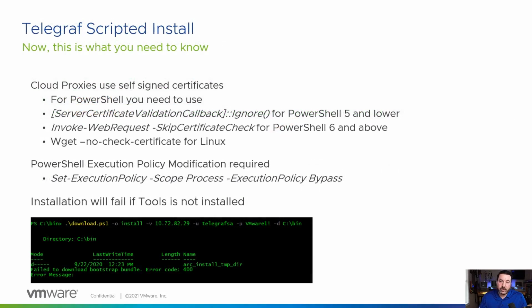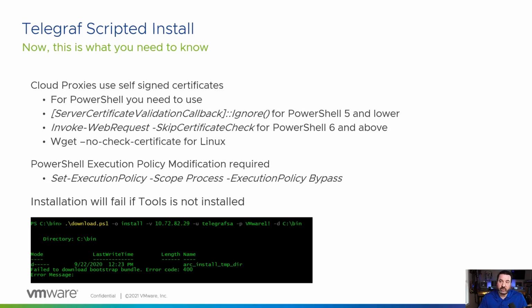Now, a couple things to call out too. For Windows, for example, the cloud proxies are using self-signed certificates. So for PowerShell, for example, right, we need to be able to basically skip the certificate check for that. So this just highlights what you do if you're running PowerShell 5 or PowerShell 6.